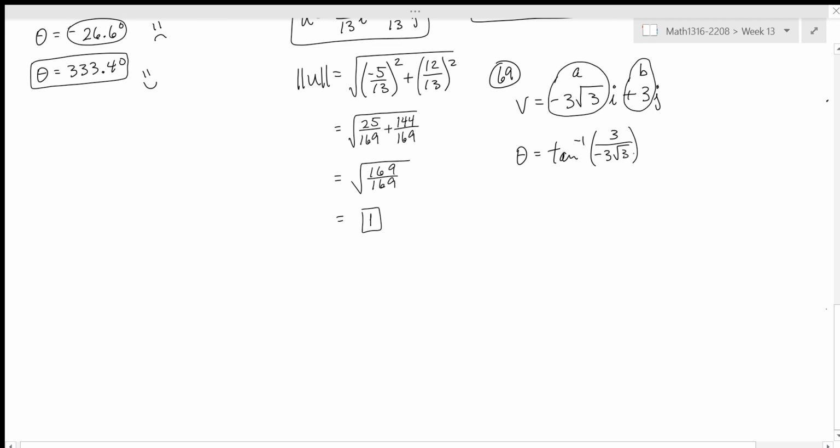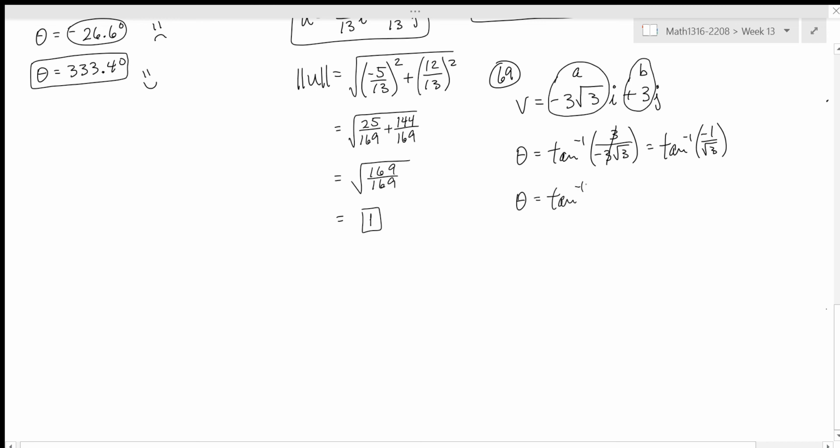That's okay. We'll miss you. What's going to happen to my 3's? Bam, cancel. And that's going to be the inverse tangent of negative 1 over square root of 3. But do I need to rationalize the denominator? Yeah, let's go ahead and do that just for fun.